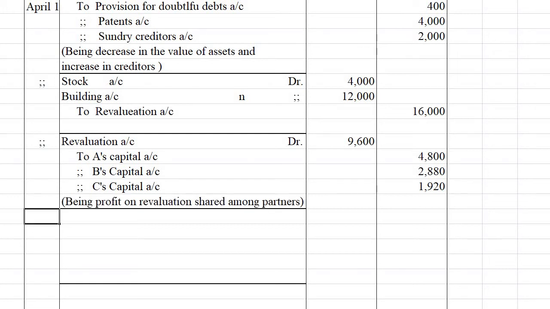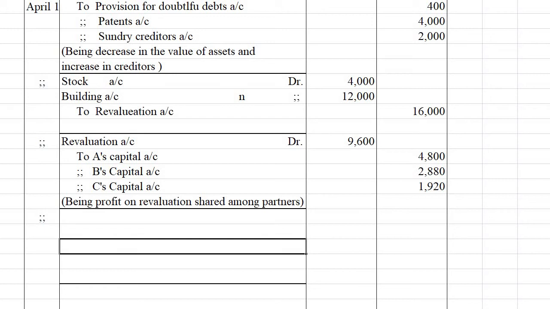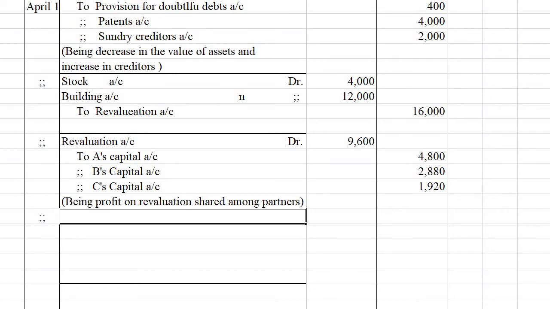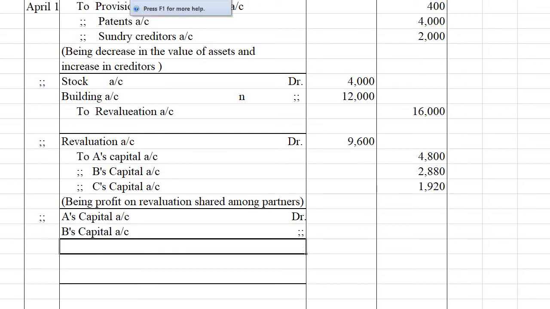Now on the same date we have to write the journal entry regarding the adjustment of goodwill for the retiring partner. So A's capital debtor, B's capital debtor to C's capital.